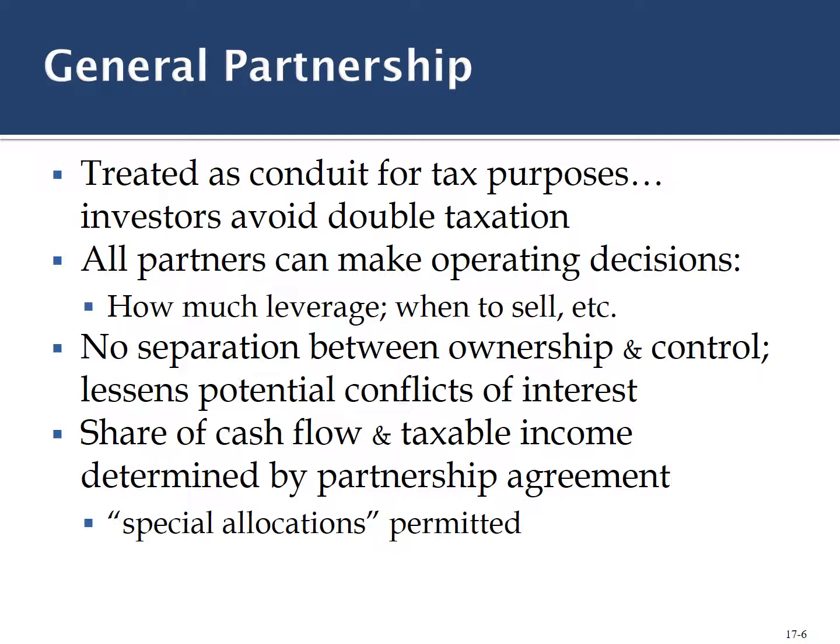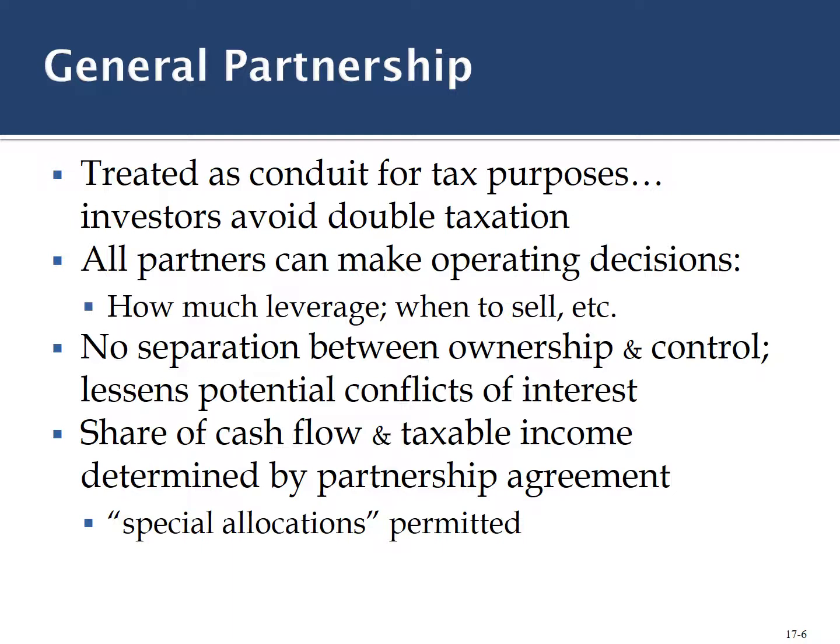The lack of separation between ownership and control may lessen potential conflicts of interest, but each partner will have a specific idea of how to handle a certain situation, and if those partners could not come to a meeting of the minds, it could result in gridlock in the decision-making process.